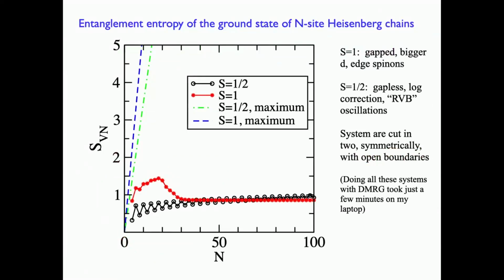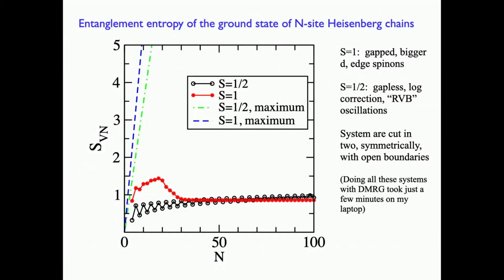Okay, so the third slide I want to show right now is what happens versus the system size, in a systematic way. This has two different systems, a spin 1/2 chain and a spin 1 chain, where it has the 3 states plus or minus 1 and 0.